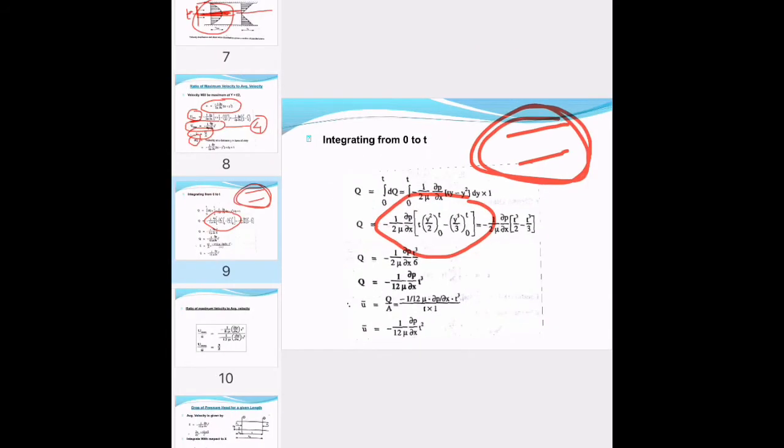So, how can you find out the total discharge? First of all, we calculate the small discharge dq, then integrate it from 0 to t, not 1, 0 to t. So, total discharge is the integration from 0 to t, that means across the distance between the plates, that is t, of minus 1 by 2 mu del p by del x (ty minus y square) into dy.